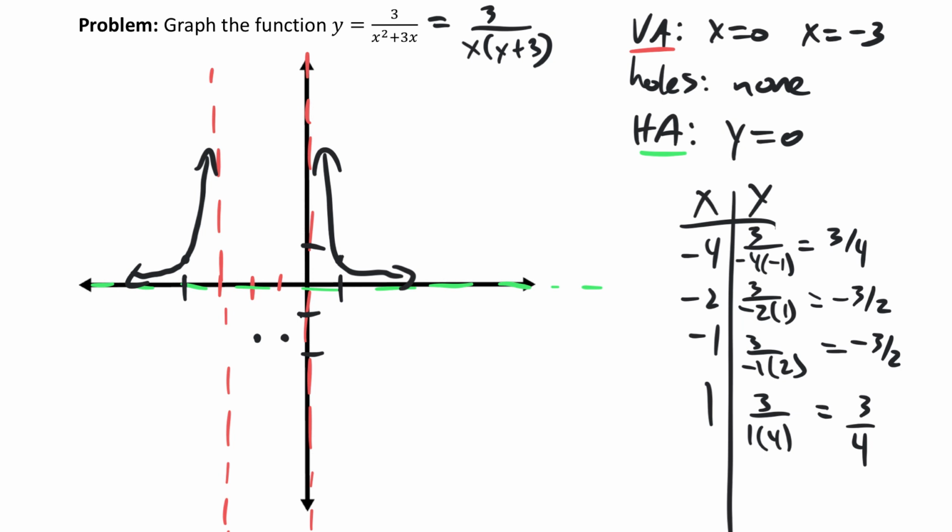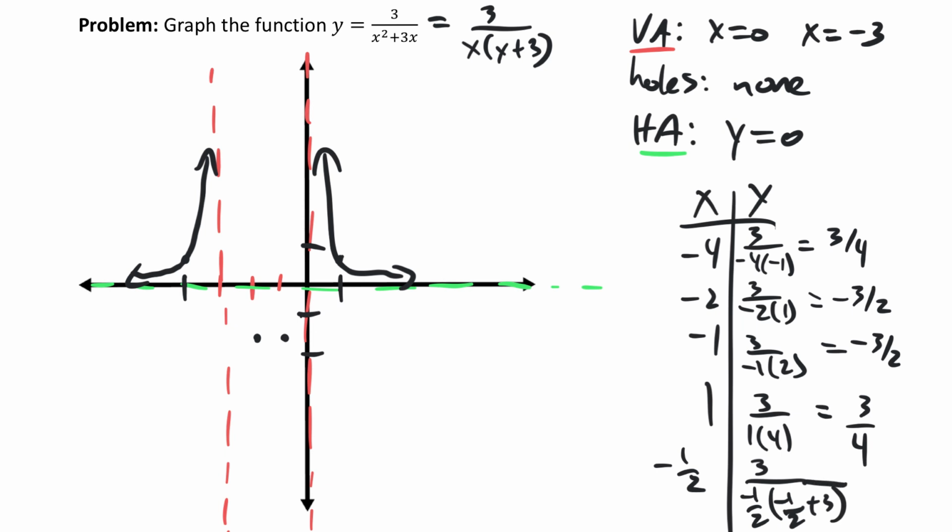So let's start with x equals -1/2. So that's going to be picking a point right over here. So if we do that, we're going to get 3 over -1/2 times -1/2 plus 3.